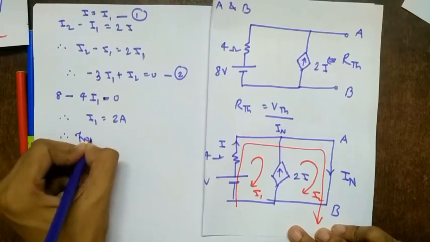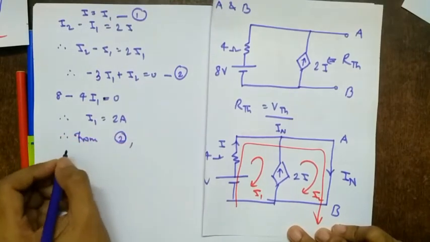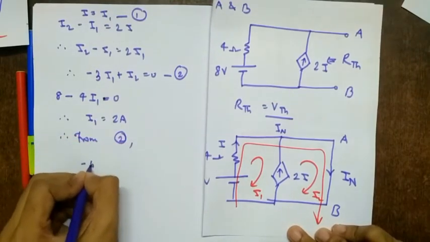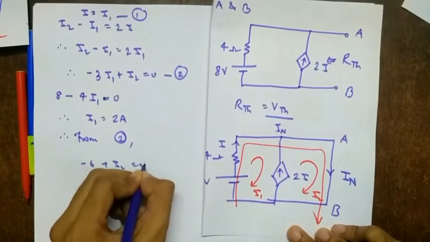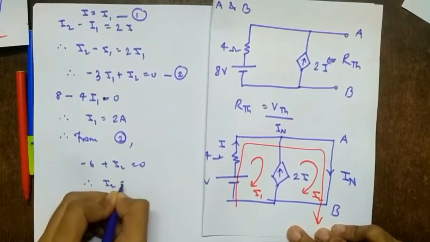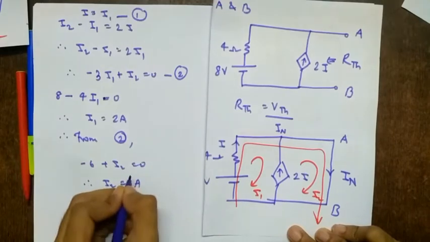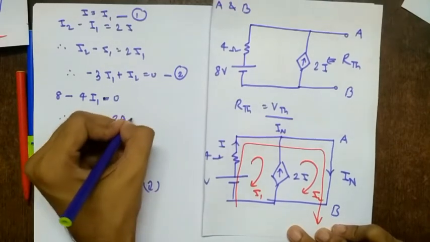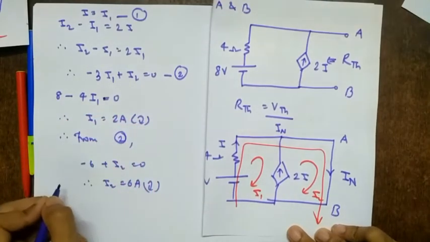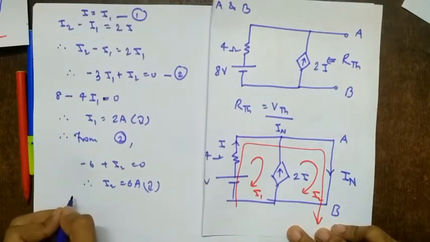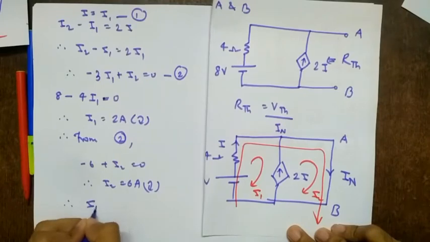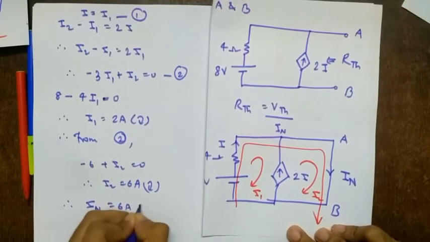Therefore from equation 1, minus 6 plus I2 equal to 0. So therefore I2 equal to 6 amperes. Both are clockwise. Right? And what is IN? IN is nothing but I2. So therefore IN equal to 6 amperes clockwise.